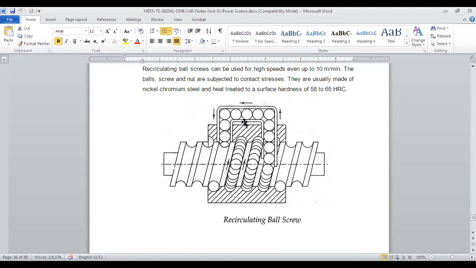If we use a normal Acme thread, then because of friction we cannot get precise movement. But if we use a ball screw and put our lathe tool on top of this nut, then with the movement of these balls we'll have very precise, almost frictionless movement of the tool.